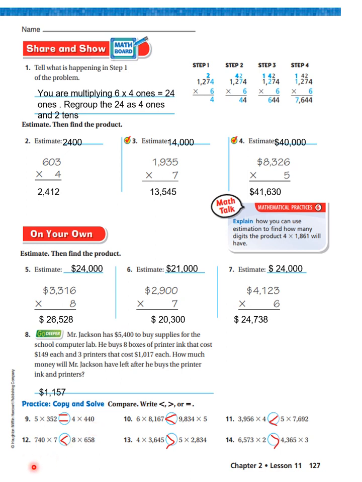Okay. 740 times 7 is less than 8 times 658. 6 times 8,167 is less than 9,834 times 5. 4 times 3,645 is more than 5 times 2,834. 3,956 times 4 is less than 5 times 7,692. 6,573 times 2 is more than 4,365 times 3.